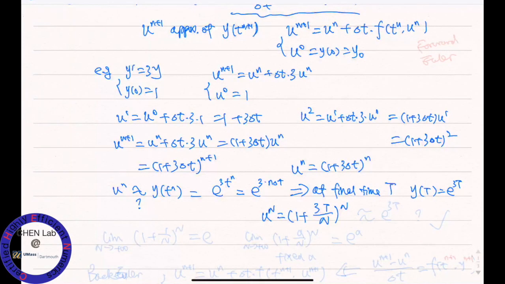You see what I'm doing, right? Again, the question is, u is approximating y. So u capital N is approximating y of capital T, so this should be equal to e to the 3T.